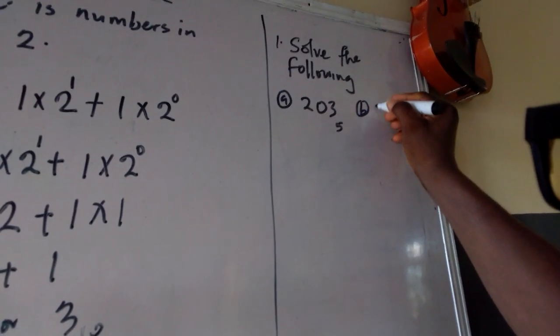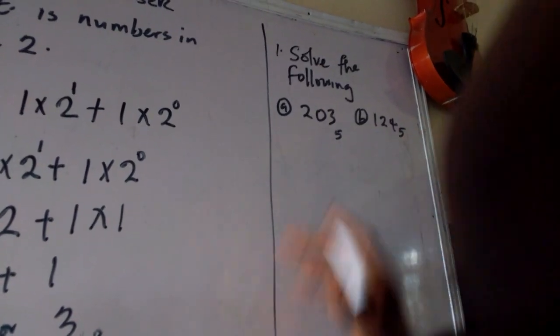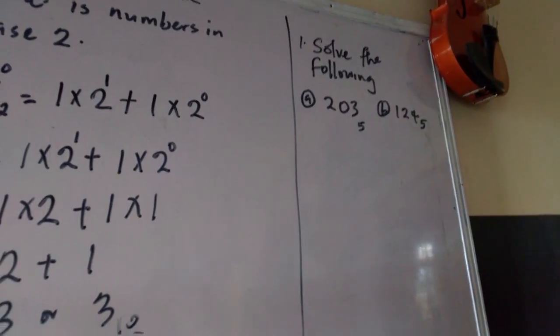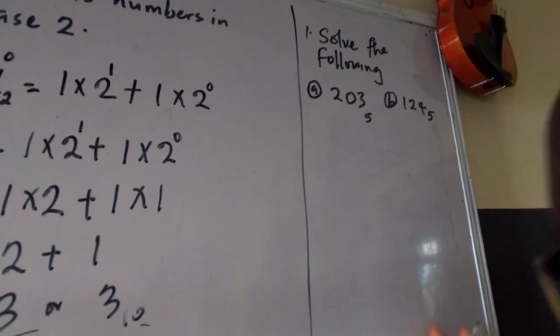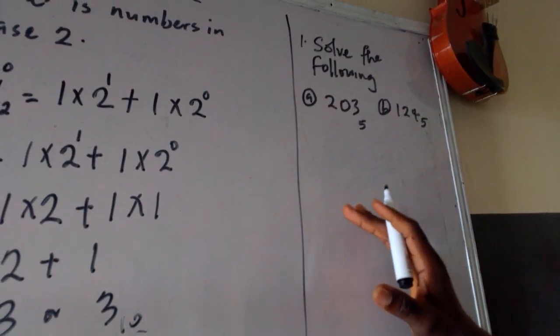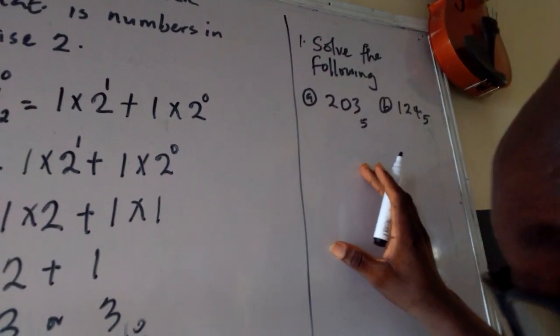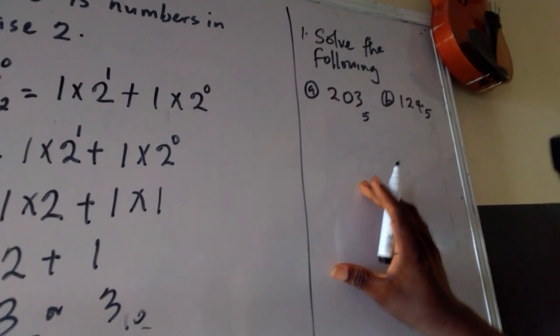B, 124 base 5. You follow the same process, and you will always get your answer. The next thing is to allow you to digest this and send your answers to me in the comment section. Then we'll pick it up.